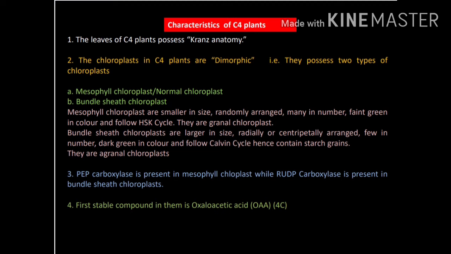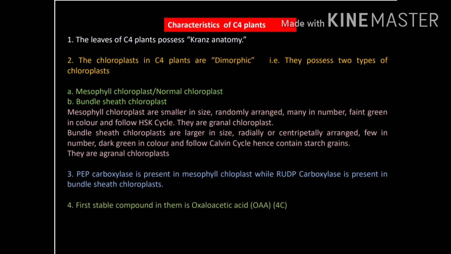They are granal chloroplasts, while the bundle sheath chloroplasts are larger in size, centripetally arranged, few in number, dark green in color, and follow the Calvin cycle. Hence, they contain starch grains. They are agranal chloroplasts.